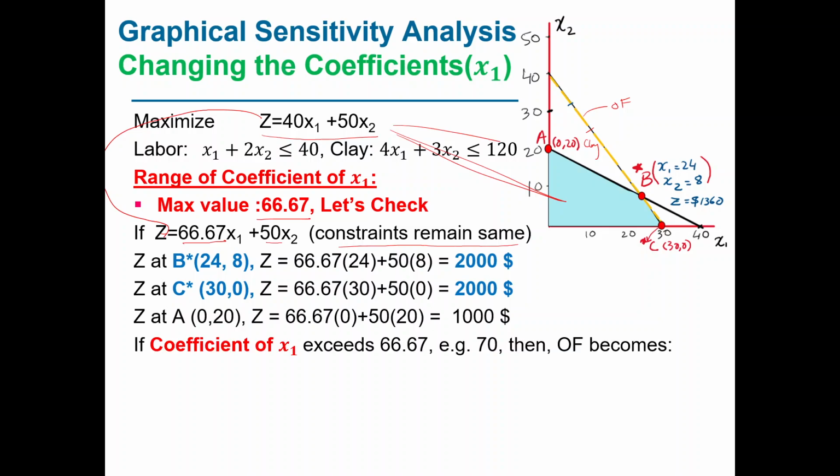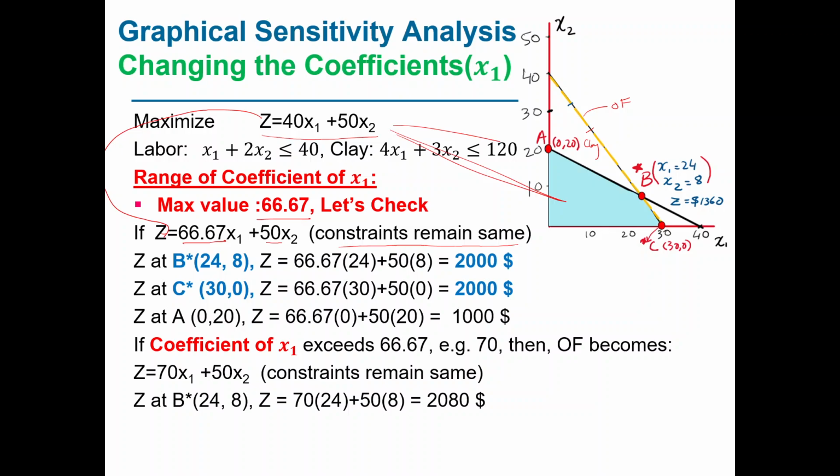Now let's do another test. Let's say we exceed the coefficient of x1 from 66.67 to a higher value, let's say 70. So we rewrite our objective function again. This time we have placed 70 as the coefficient of x1, and the coefficient of x2 and the constraints have been kept in their original state. Now let's find the profit at points A, B, and C. At B, using the coordinates 24, 8, it's $2,080.